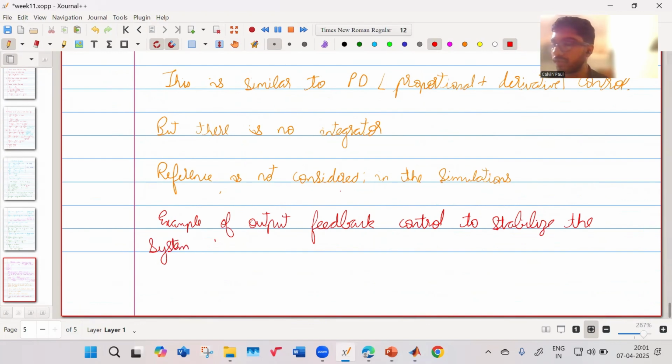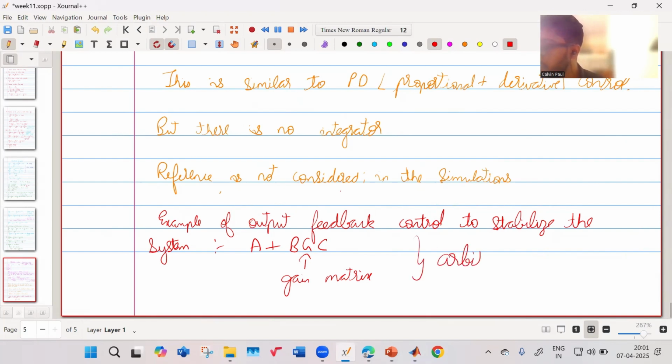Okay, how we get the matrix is A plus B G C, where G is the gain matrix, right? So this is a different way to place the poles. Here arbitrary pole placement is not possible.